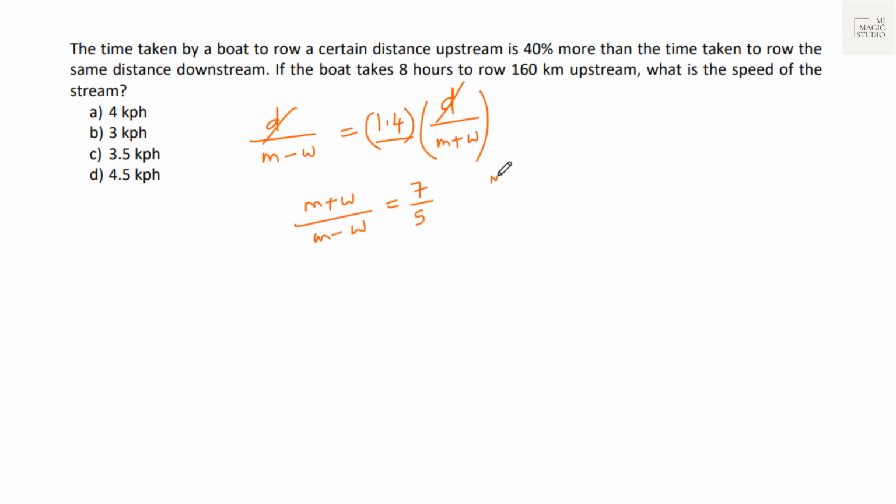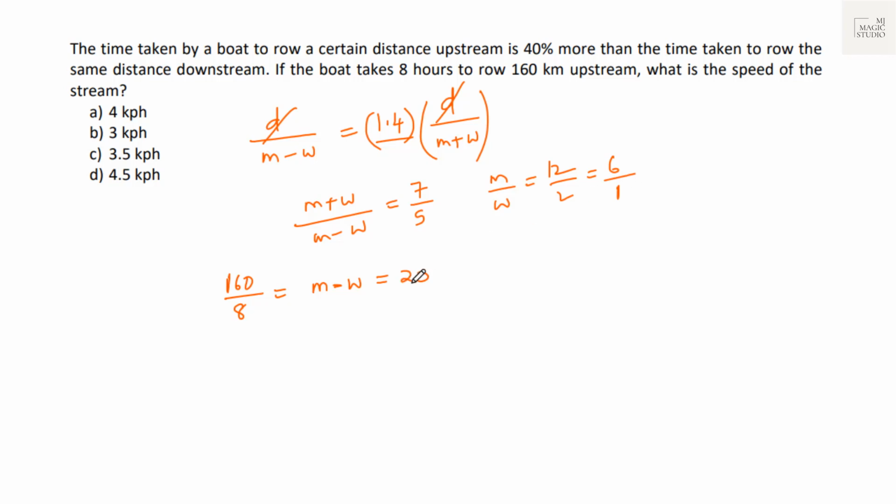The best way to find the ratio m by w is add up 12 and subtract 2. The ratio of m and w would be 6:1. If the boat takes 8 hours to row 160 km upstream, that means upstream speed m minus w is equal to 20.